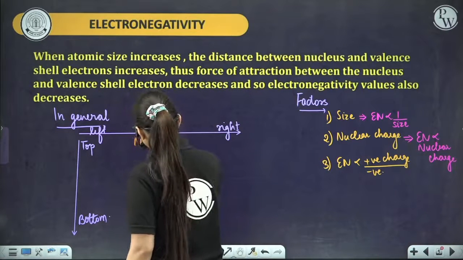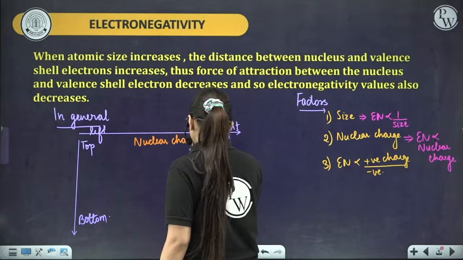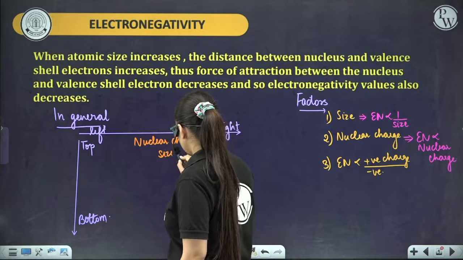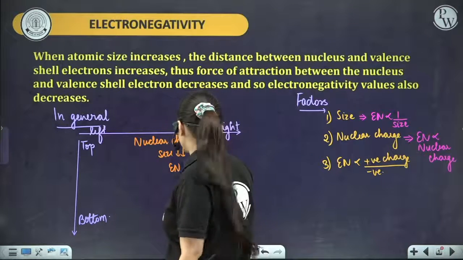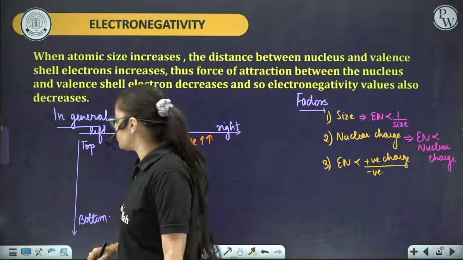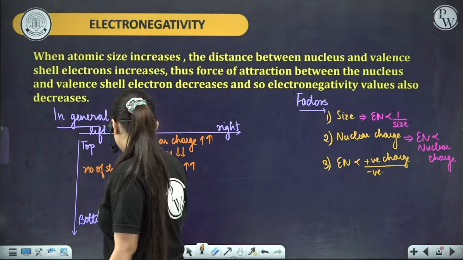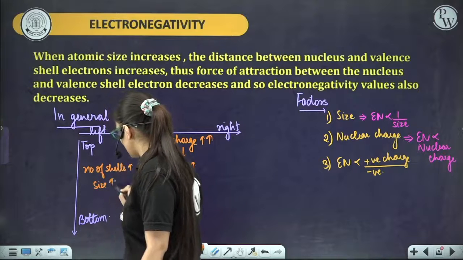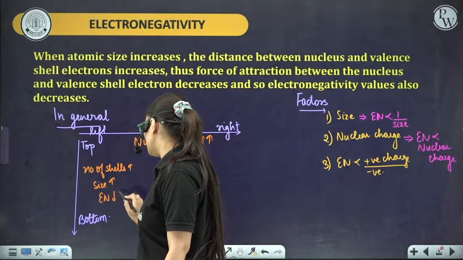Nuclear charge will increase, so size will decrease, and we know electronegativity is inversely proportional to size, so electronegativity will increase. Similarly, in the case of top to bottom, the number of shells increases, so size will increase, and electronegativity is inversely proportional to size, so electronegativity will decrease.